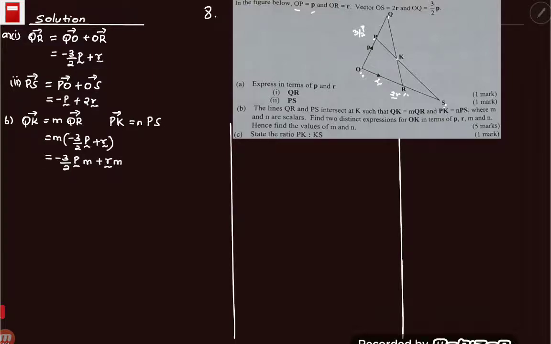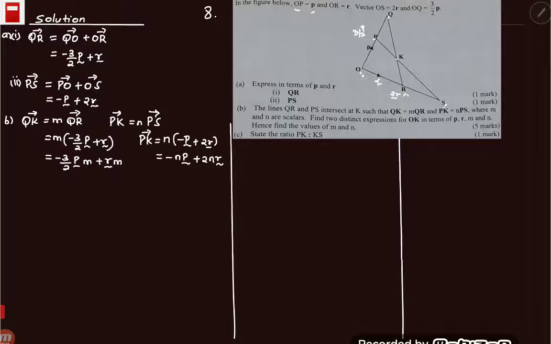And then for PK, which is equal to NPS, we have N times the value of PS, which is negative P plus 2R. If you open the brackets, we'll have negative NP plus 2NR.